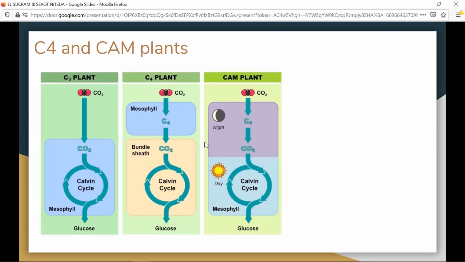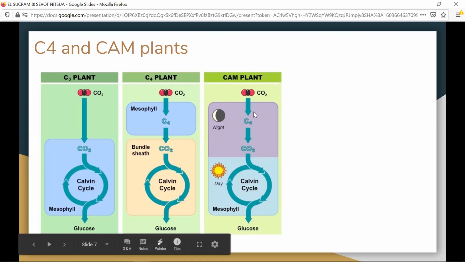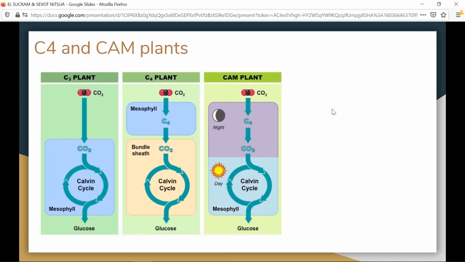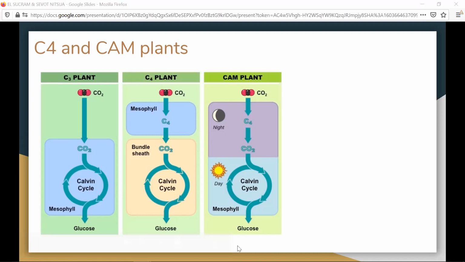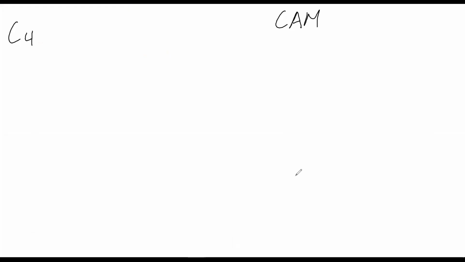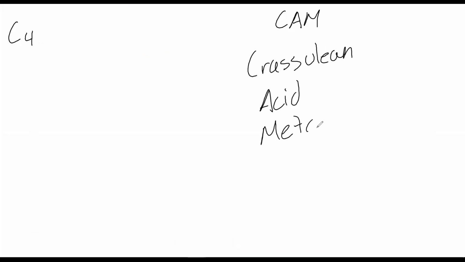Now, the second type of plant is the CAM plant, as you can see here. CAM stands for Crassulacean acid metabolism, as the scientists like to flex with their big words. Let me write this out for you guys. Crassulacean acid metabolism.